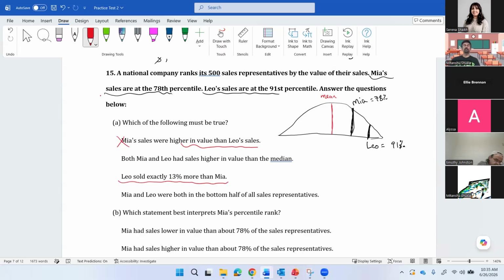And it's saying that Mia and Leo were both in the bottom half of all sales representatives. Well, that's just false. So, Alyssa, I noticed you mentioned both of these things were true, right? A or B and C. Which one do we pick? What's the best answer here?